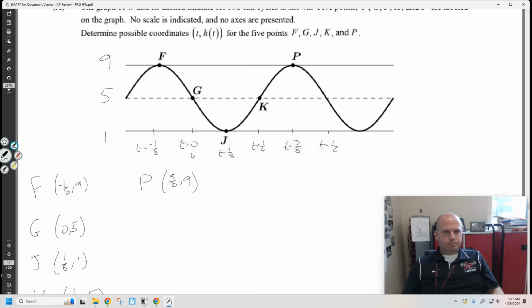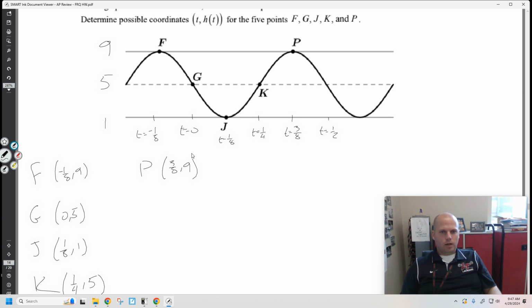Hey, we got cosine. All right, well, A is 4. We'll start at point F, which means I need to take my parent function and shift it left. Plus 1/8 shifts my parent function left.